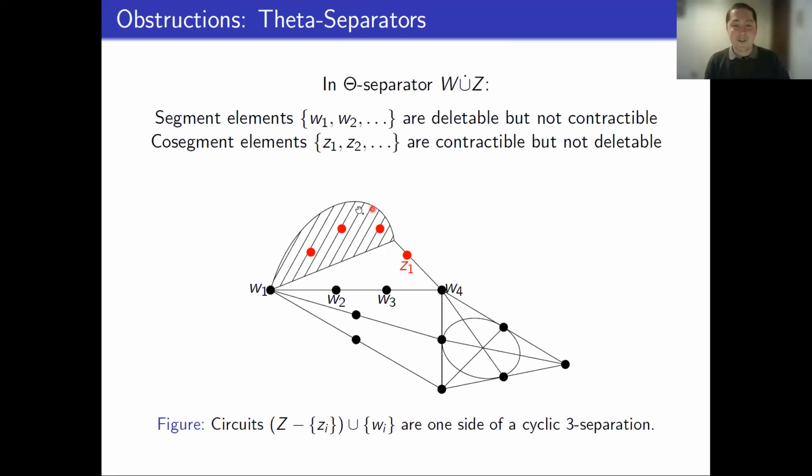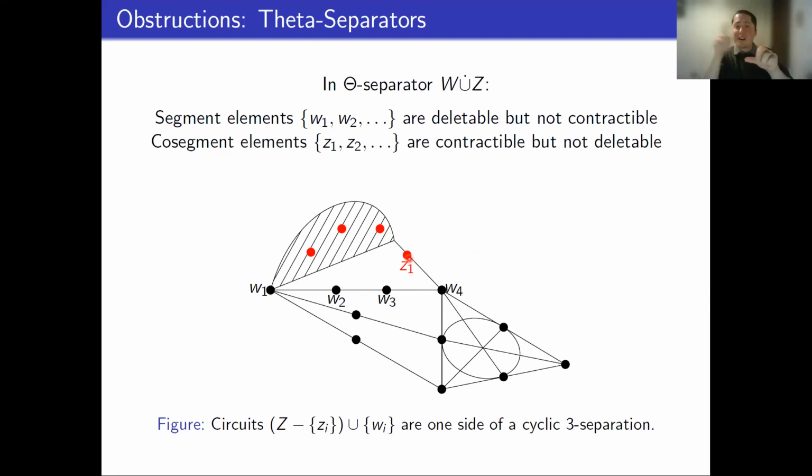So here's my horrible picture of a rank 4 theta separator glued onto an arbitrary matroid down here. So Z1, you see that actually it is sitting in the coguts of a cyclic separation. And that cyclic separation, one side is one of those circuits we were talking about, which is everything minus Z1 union the corresponding W element.